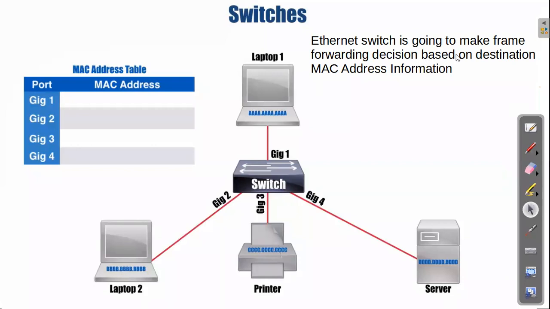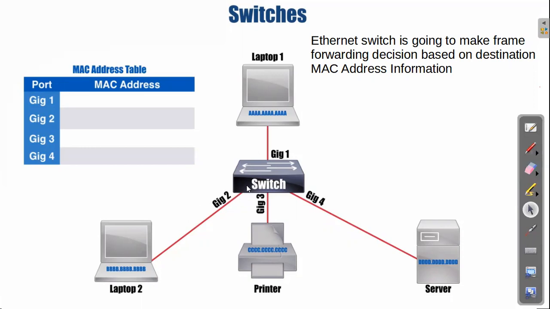Ethernet switch is going to make a frame forwarding decision based on destination MAC address information. In MAC switches, you can see a MAC address table here. Which port is associated with which MAC address? This port is associated with this MAC address. So MAC address means the device MAC address, the device which is connected to that particular port.